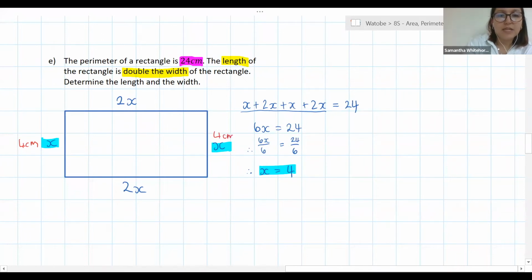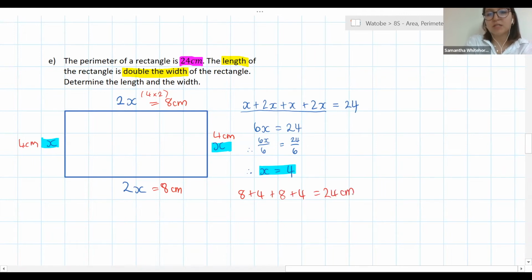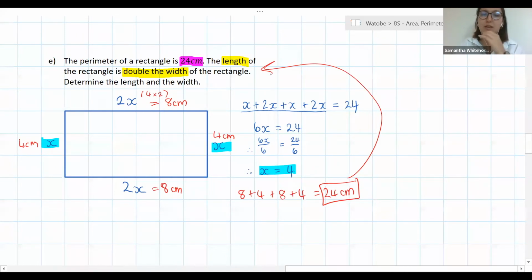And as Sammy said, if the length is double that, 4 times 2 is 8 centimeters. So my length here is 8 centimeters. If I check myself, 8 plus 4 plus 8 plus 4, I do get 24 centimeters. And so I've correctly worked out my length and breadth here.